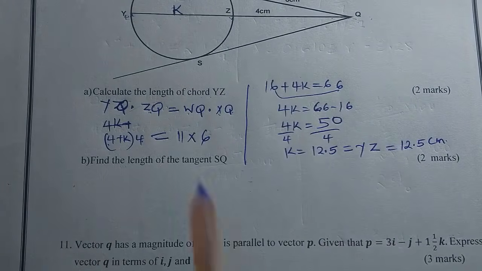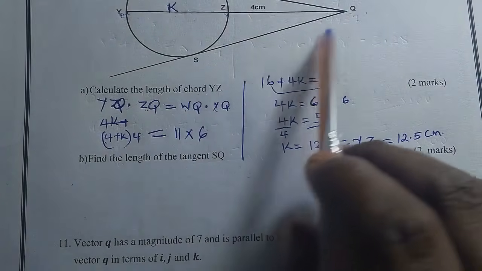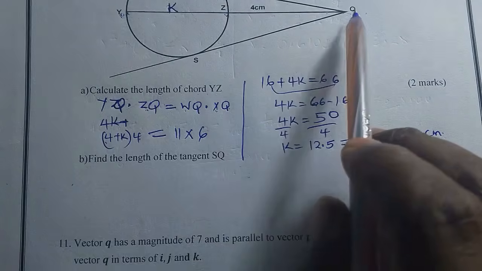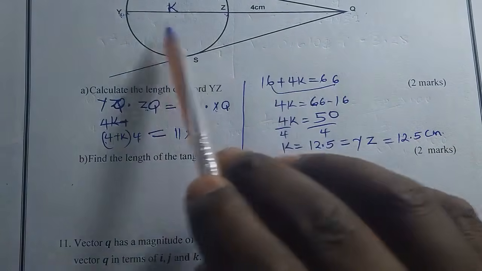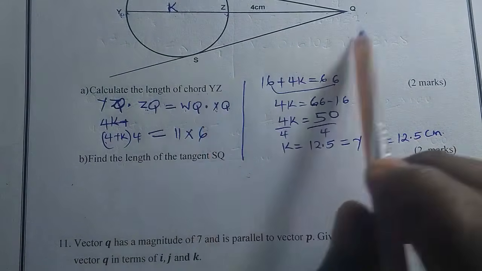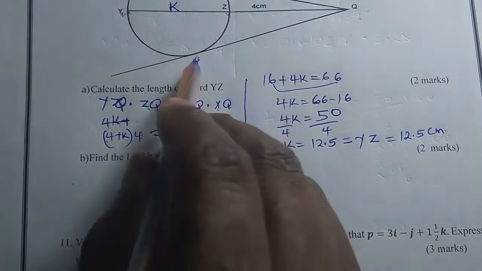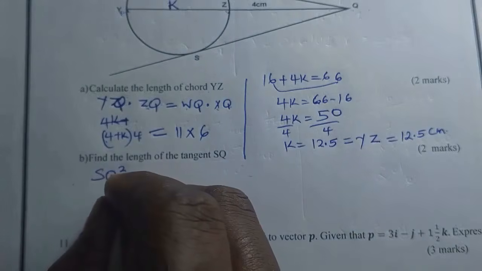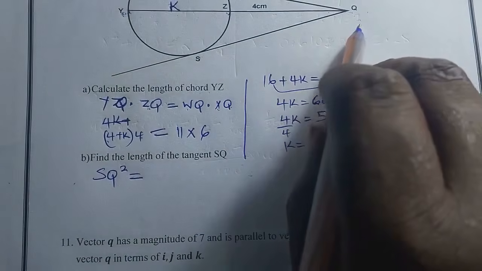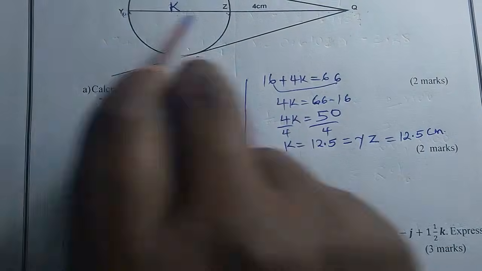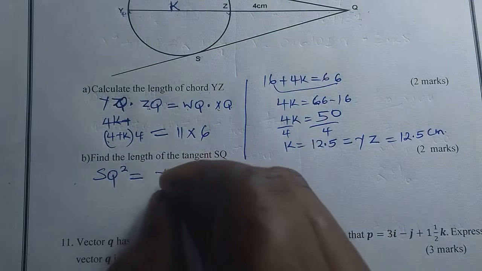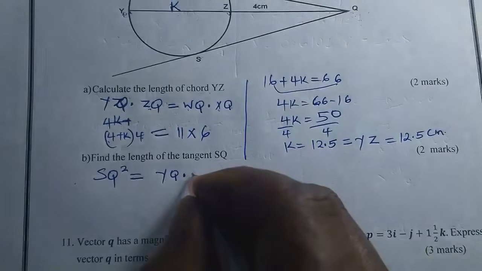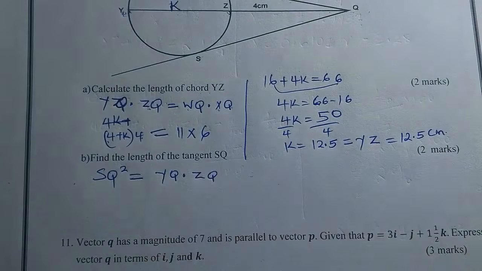Now S is a tangent. Now we are going to use SQ and YQ to calculate the distance SQ. Since this is a tangent, we say that SQ squared will be equal to YQ multiplied with ZQ. As simple as that.